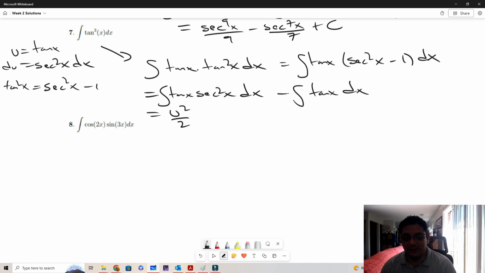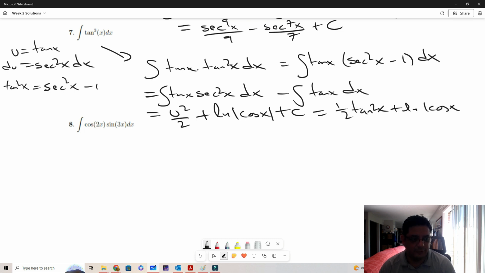So I can just make this the log of cosine at the end. So for an integral that we previously saw, this is just going to be the log of cosine of x. And u from this here will be tangent, so 1/2 tangent squared of x plus log of cosine of x. If you don't remember these integrals, we saw them before in the video, so make sure to check those out to see how you actually get to do that substitution.